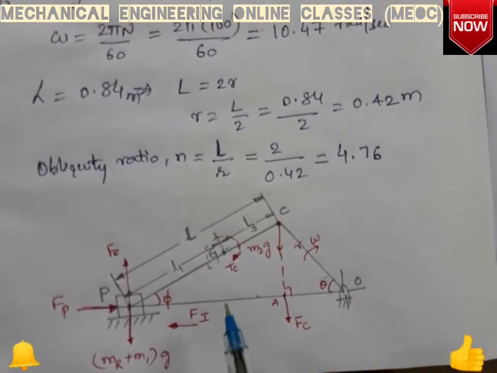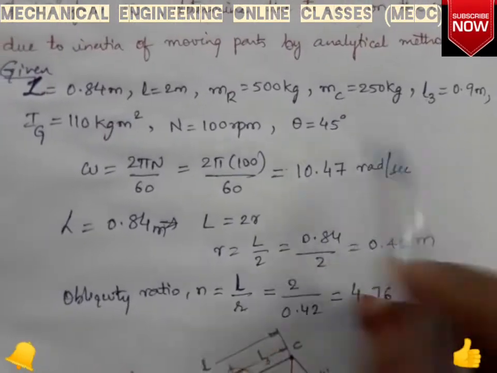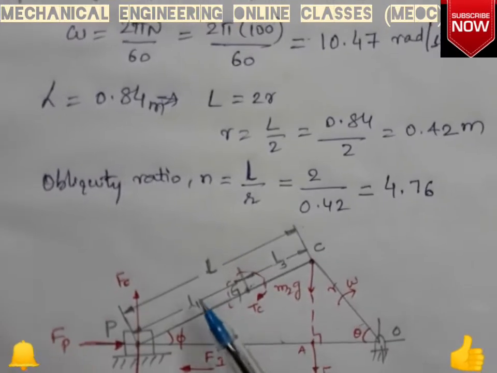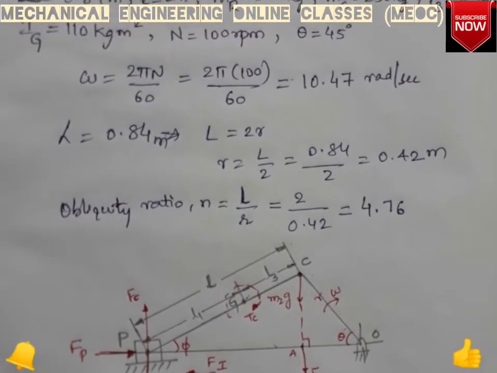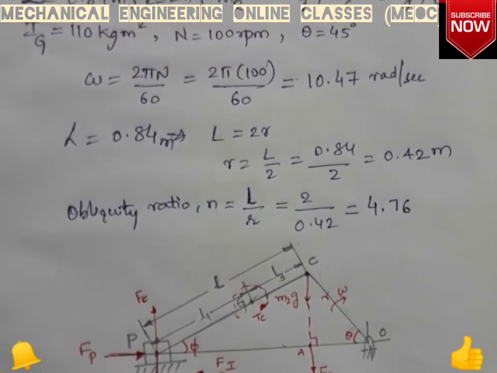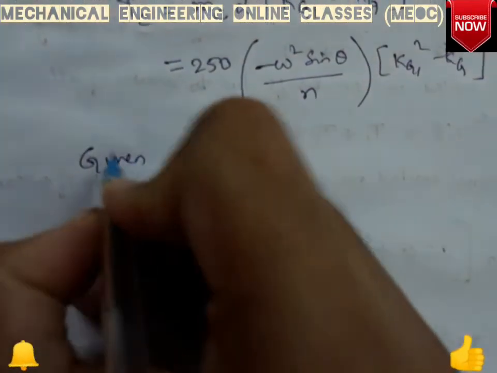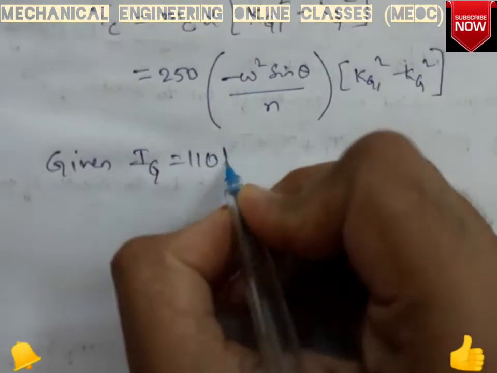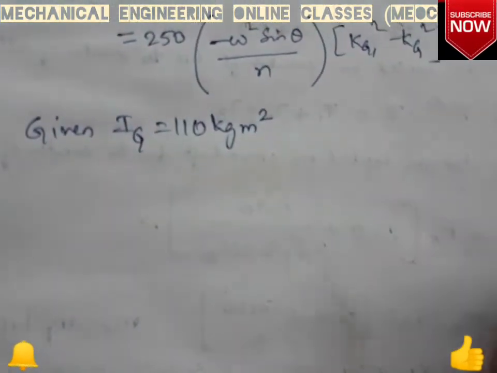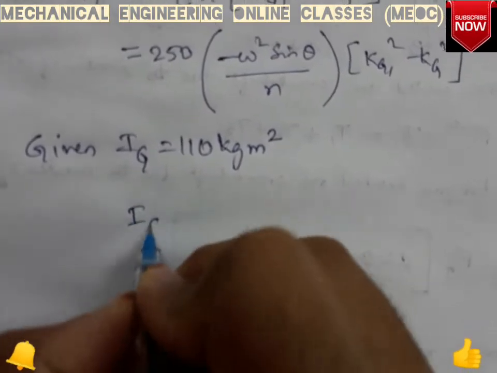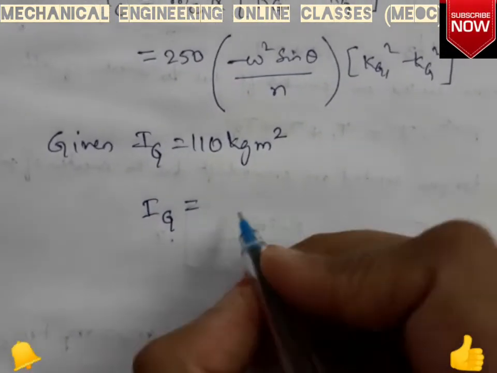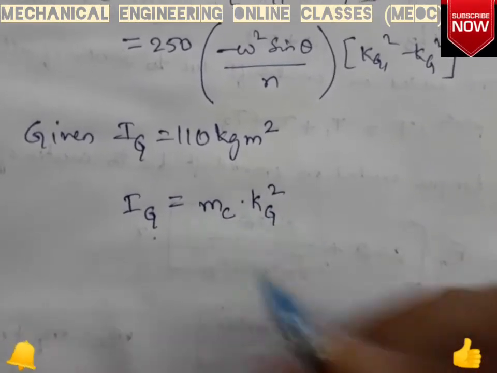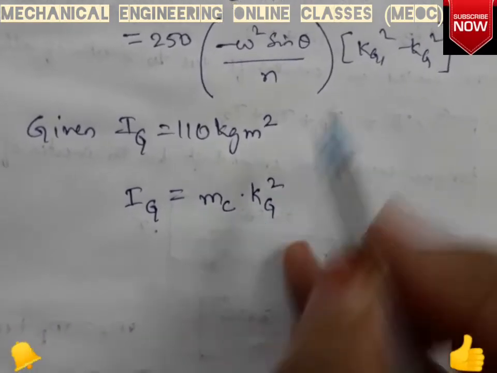In the given question, we were given the mass moment of inertia of the connecting rod. L1, L3 is also known to us. So we have to find kg and kg1. Given Ig is equal to 110 kg meter square, we know that Ig is mass of connecting rod into radius of gyration of the connecting rod square, mk square.